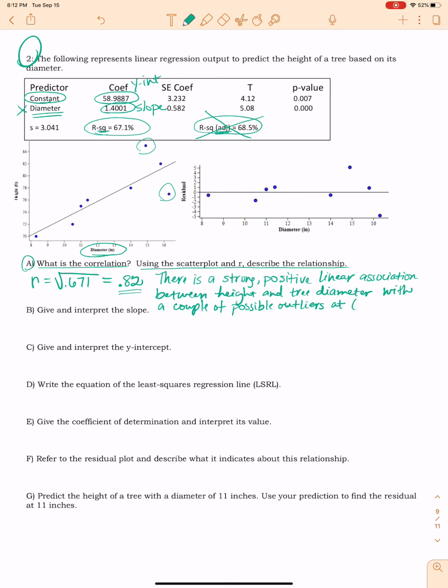It looks like this ordered pair right here is about 16 something, maybe 16.5. I wouldn't try to ballpark it any closer than that, like 16.23 or anything. Don't get crazy.